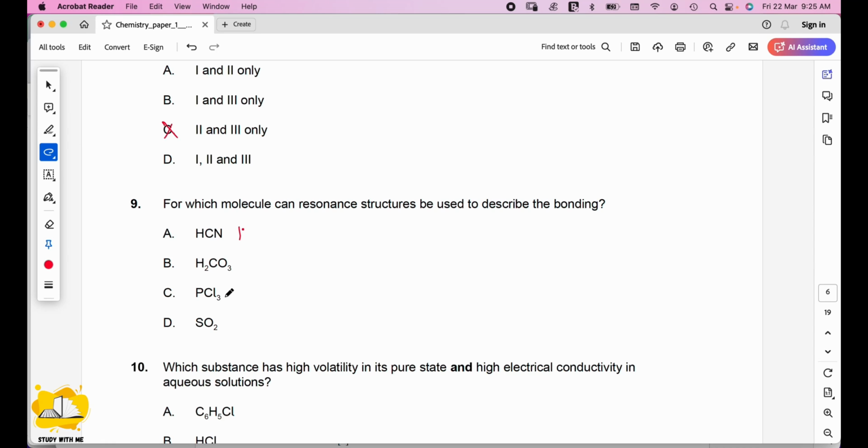The same with PCl3, but not sulfur dioxide, because the resonance will be like this. So SO2 has 2 resonance structures. The answer is D.